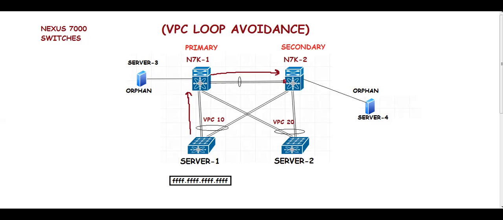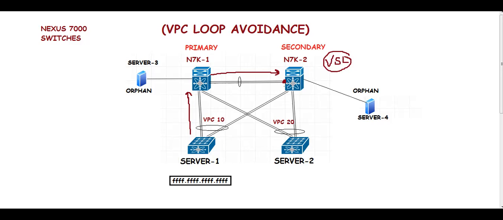So when N7K2 receives a packet on the peer link, on the ASIC ports itself the VSL bit will be set. In the case of Nexus 7000, when a device receives any traffic on the peer link, it assumes that my peer sent that traffic for the orphan devices only.